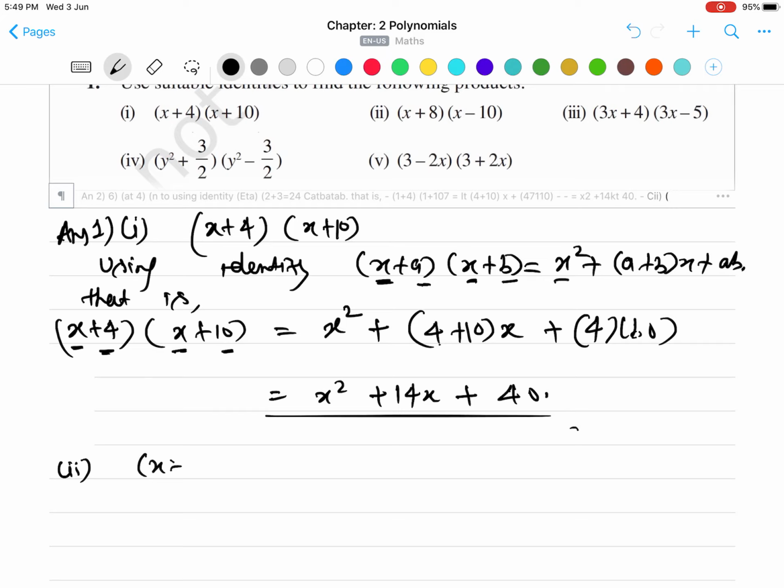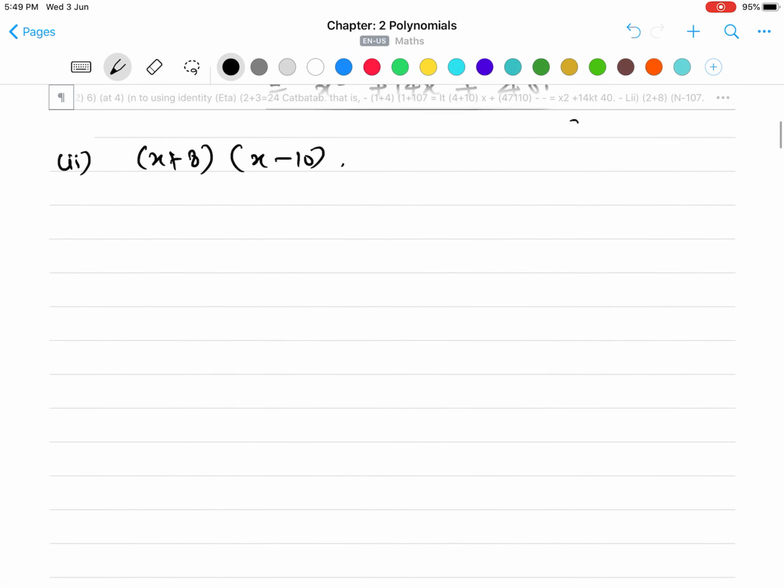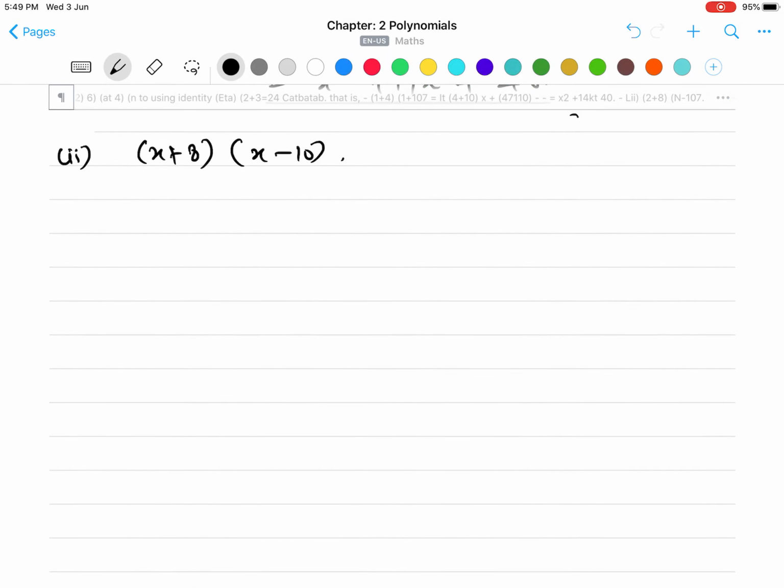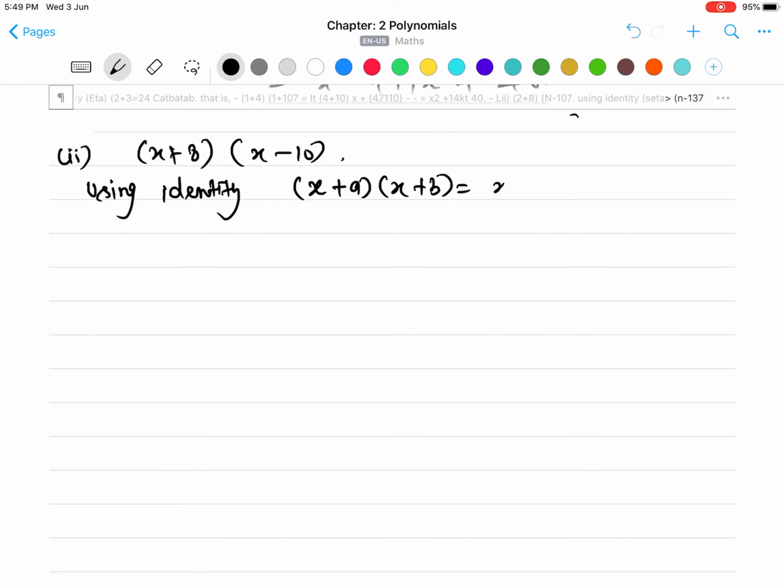Okay, next we have part second. We have x plus 8 multiplied to x minus 10. Again you have to identify which identity can be used here. So again we can use, you have to write the identity which we are going to use. So write using identity. Which one? We will use identity number 4, which is x plus a into x plus b is given by x square plus a plus b into x plus ab.